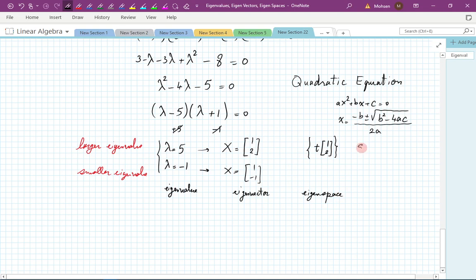Another style that shows up on the website or your homework and such is written like this: span of, you remember the word span, the set of all linear combinations of this, which means just the entire line. So in this case, this would have been written t times 1, -1.